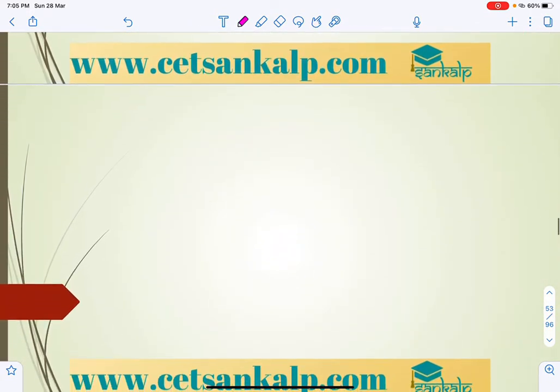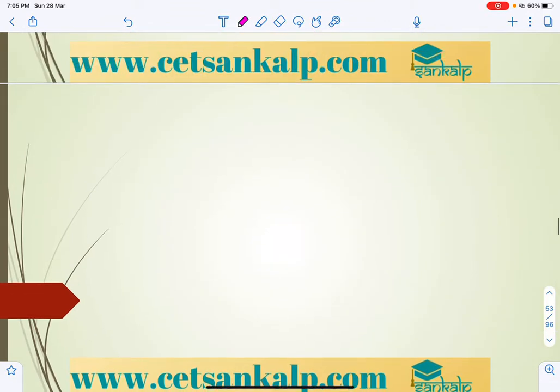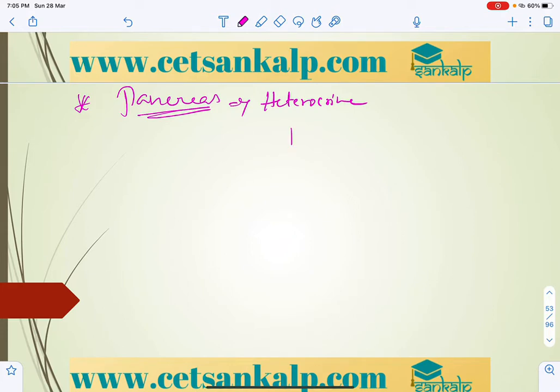And here the pancreas, as we all know, plays a major role and acts as an endocrine gland. In this pancreas there are two parts: the exocrine part and the endocrine part.